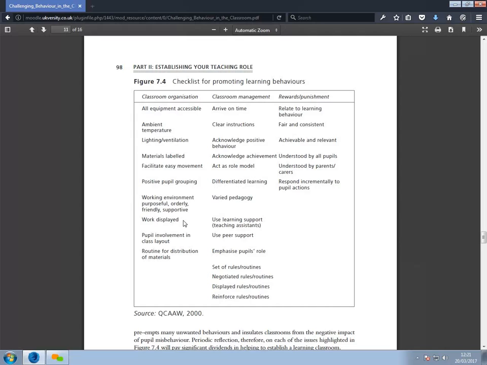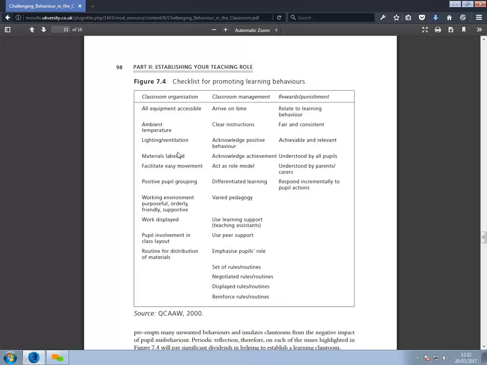The work is displayed, usually with support from teaching assistants, anybody that may have assistance in that position. Pupil involvement in the class layout. Routine for distribution of materials, emphasise pupils' role, set rules and regulations and routines, negotiate those rules and routines, display them so everybody knows what they are, and then reinforce them at all times.